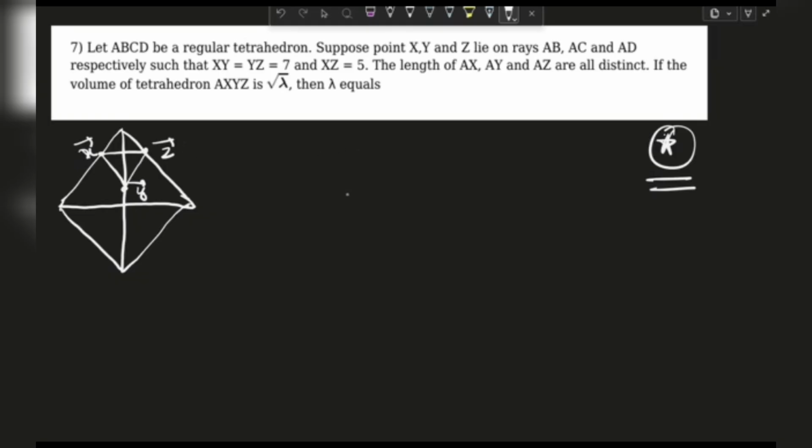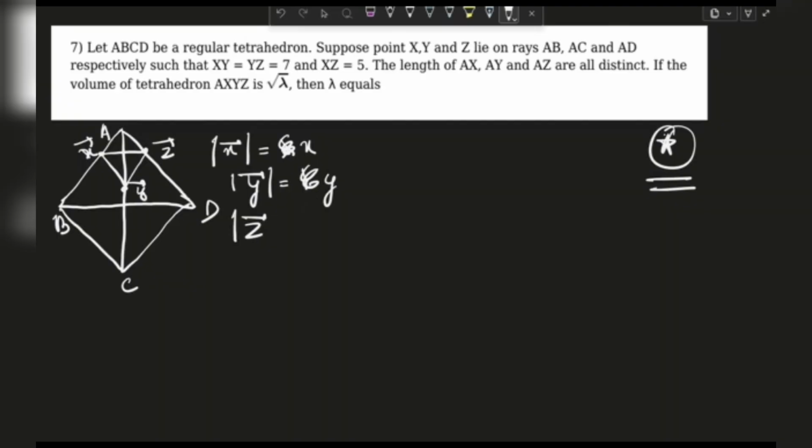We have x on the ray AB, y on the ray AC and z on the ray AD. This is roughly your diagram. I will also write out that modulus of x vector is small x, modulus of y vector is small y, otherwise it will become clumsy. And let's take modulus of z vector equal to small z.